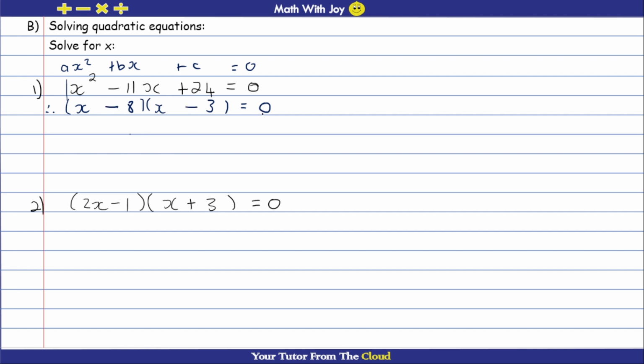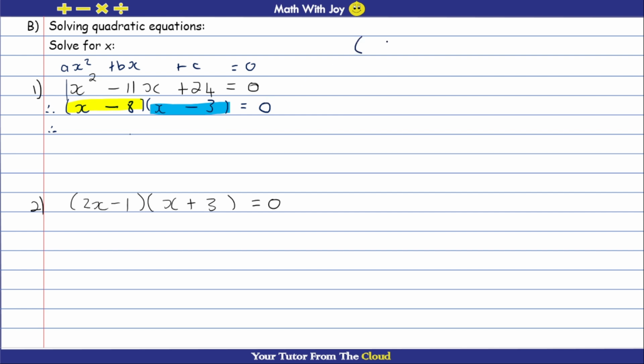Now I have factorized. After I have factorized, we have to take each bracket and set it equal to 0. So I'm going to take this bracket, set it equal to 0. And then I'm going to take this bracket, set it equal to 0. The question here is very easy. Like, how can you take two brackets, multiply them, and get an answer of 0?